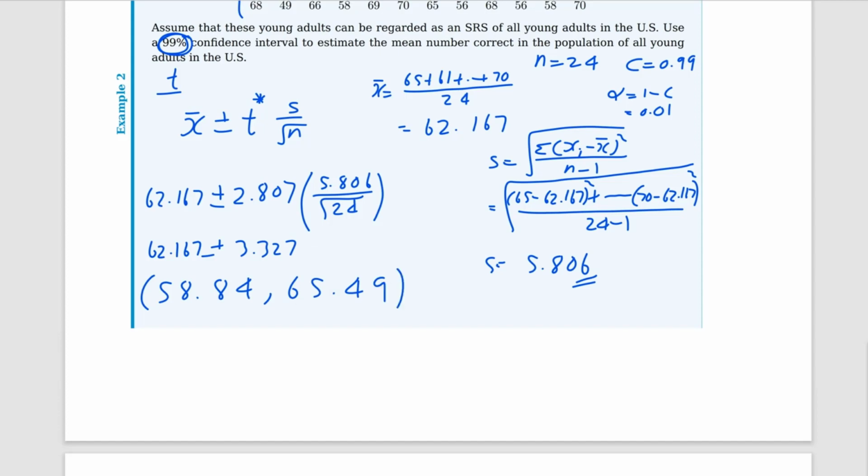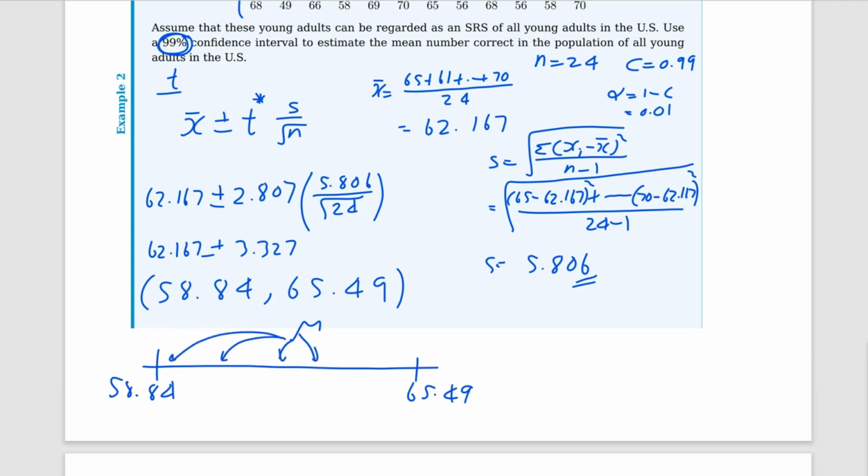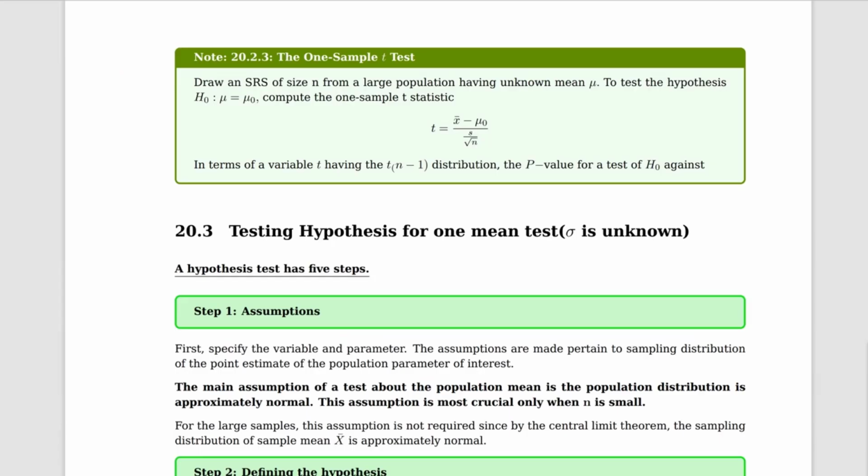That is the confidence interval for mu when sigma is unknown, right? That means you know the meaning of this: 58.84, 65.49. So mu should be in between these two numbers, somewhere in this interval. So that is the meaning of the confidence interval.